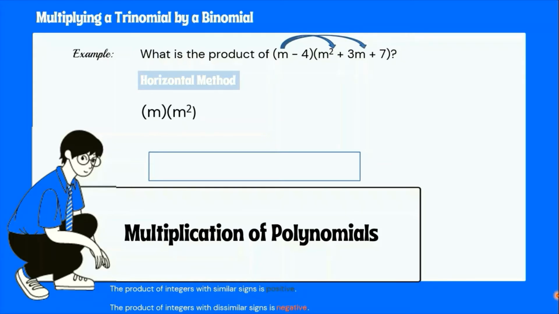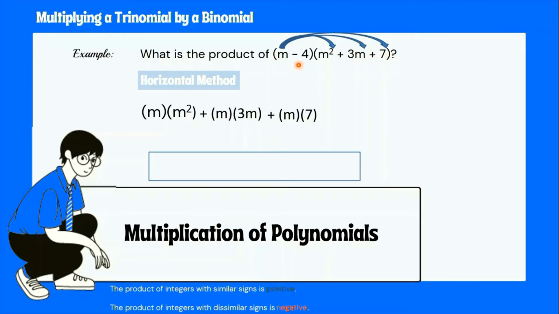Dun tayo sa pangalawang term, m multiplied to 3m plus, dahil plus sign yung nasa gitna. Next, m multiplied to the third term which is 7. Plus, kasi plus sign din yung nasa gitna. Ito yung na-distribute natin yung first term ng binomial doon sa kada term ng trinomial.